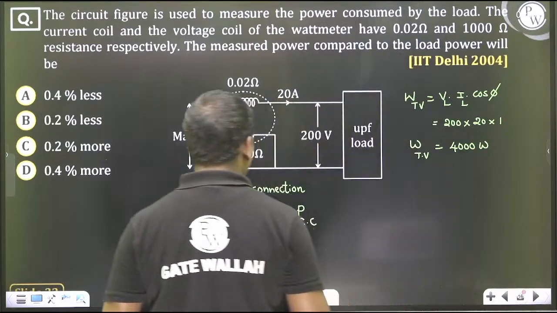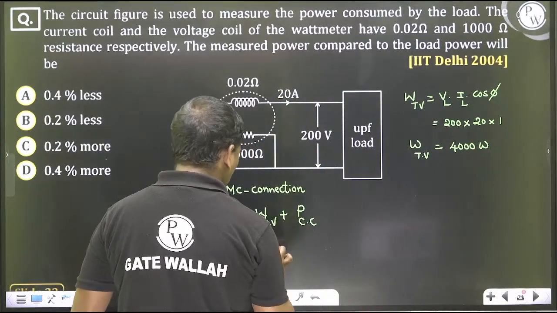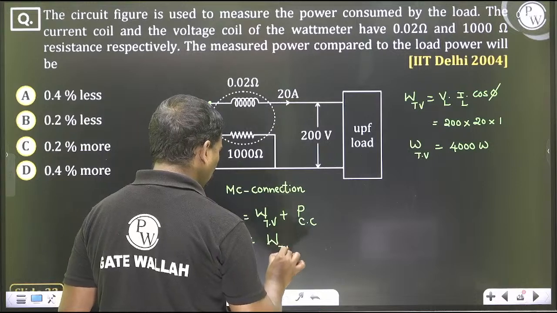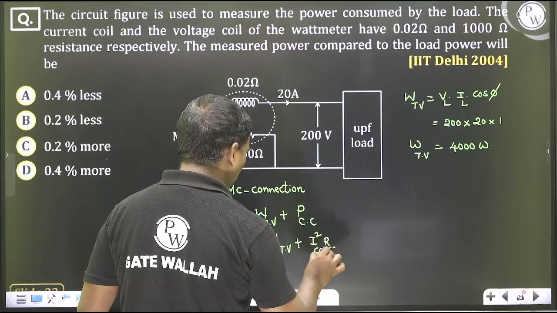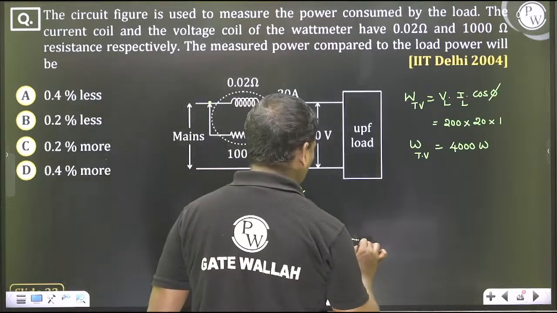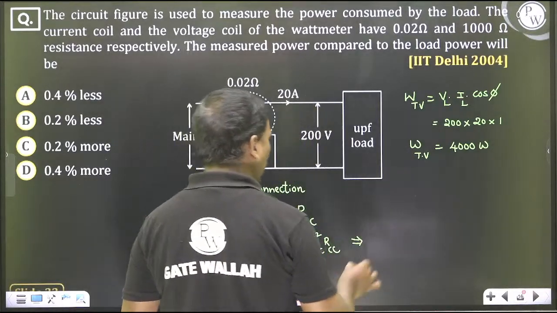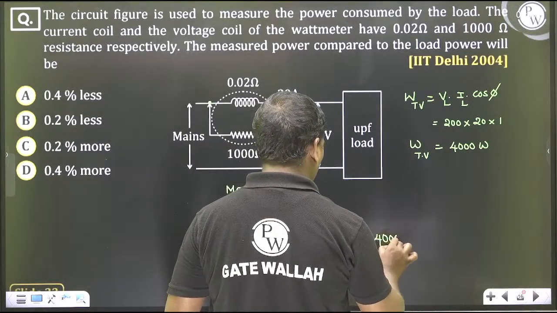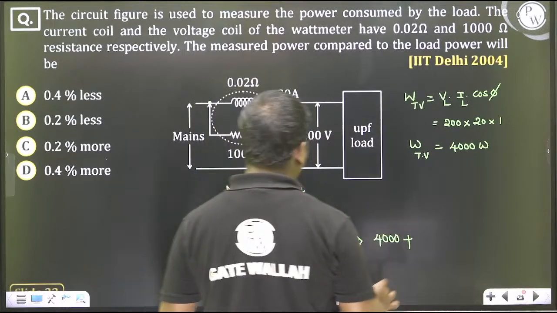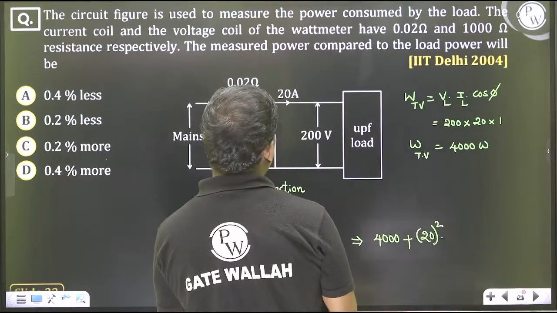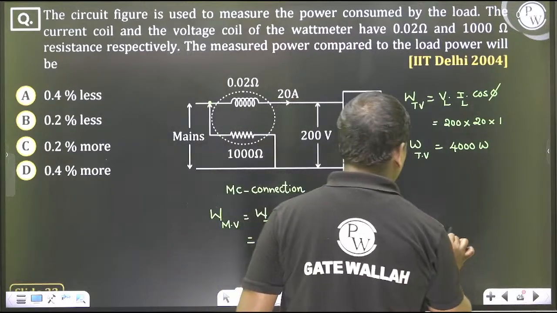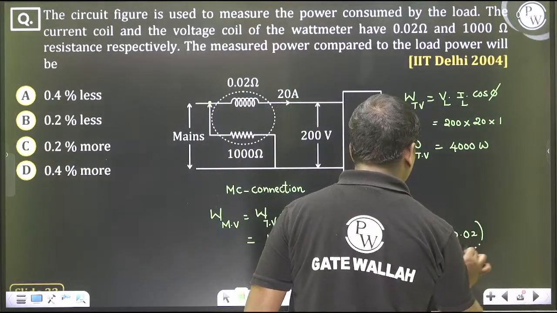But measurement value क्या है? Power of the current coil. So in addition to this true value, this is the I square R of the CC. So this will be, true value is 4000 plus current passing here is 20 square, and resistance of the current coil is how much? 0.02 ohms.